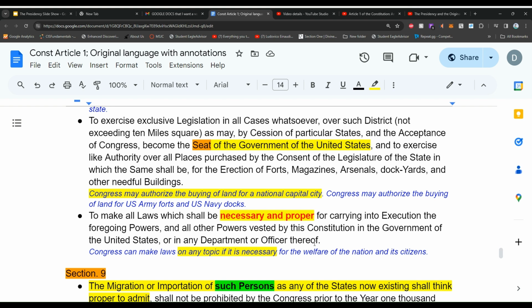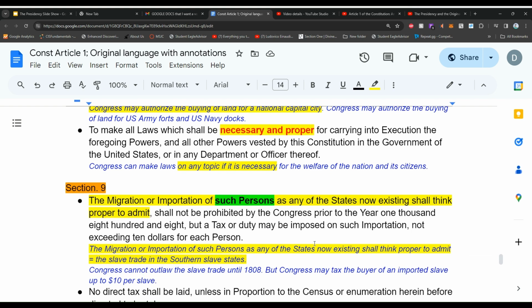Now, the next bullet point says to make all laws which shall be necessary and proper for carrying into execution. What this means is Congress can make any laws on any topic if it is necessary for the welfare of the nation and its citizens.